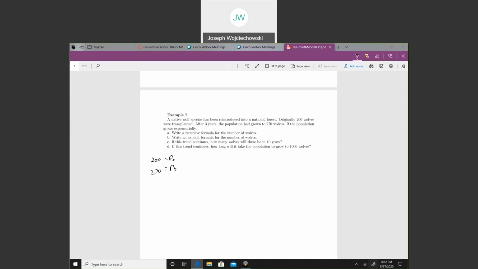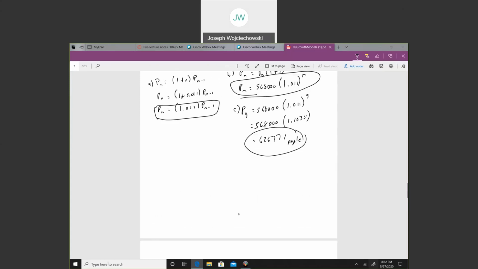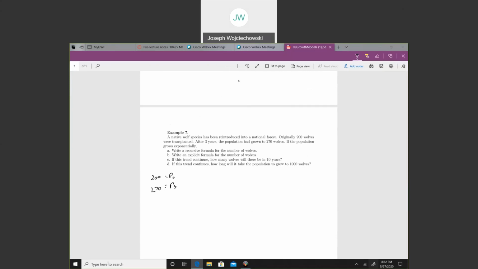Well, we don't know what r is. Remember, we're looking at recursive: p sub n equals 1 plus r times p sub n minus 1. Problem is we don't know what r is.